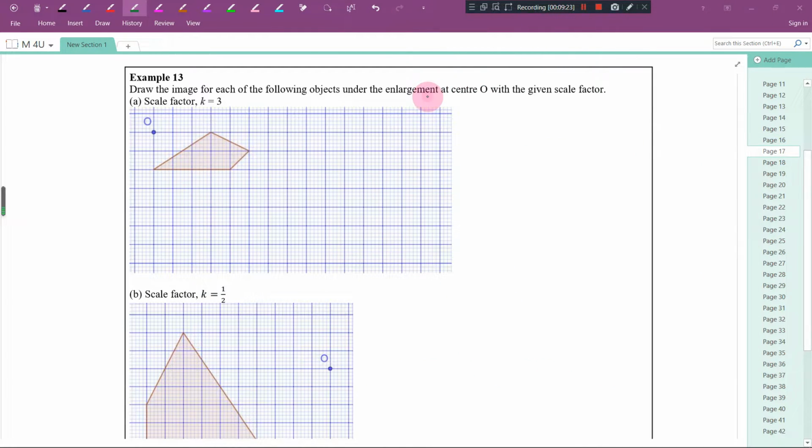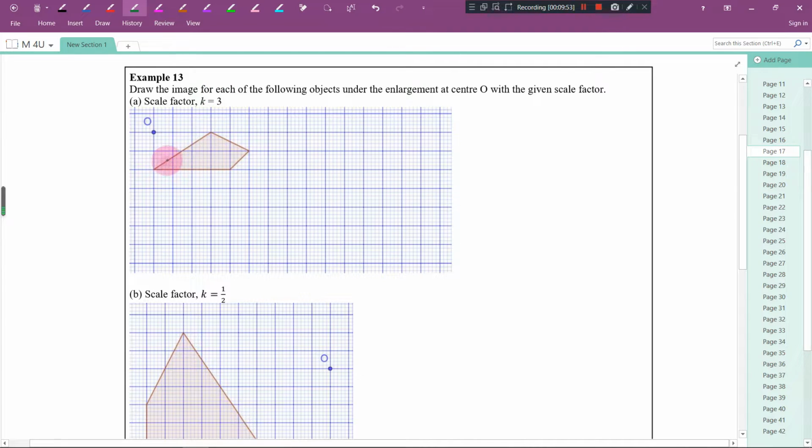Okay, now let's look at how to draw the image for an enlargement. Draw the image for each of the following objects under the enlargement at center O. O is the center of enlargement with the given scale factors. Okay, now let's look at the first one, part A, scale factor is 3. So when we look at the scale factors given here, positive 3, right? So we know that the object and the image will be on the same side.